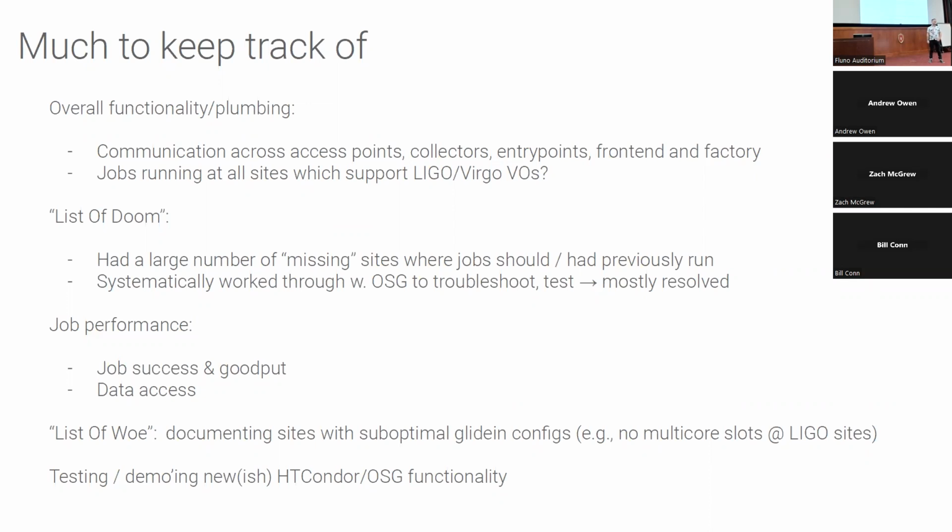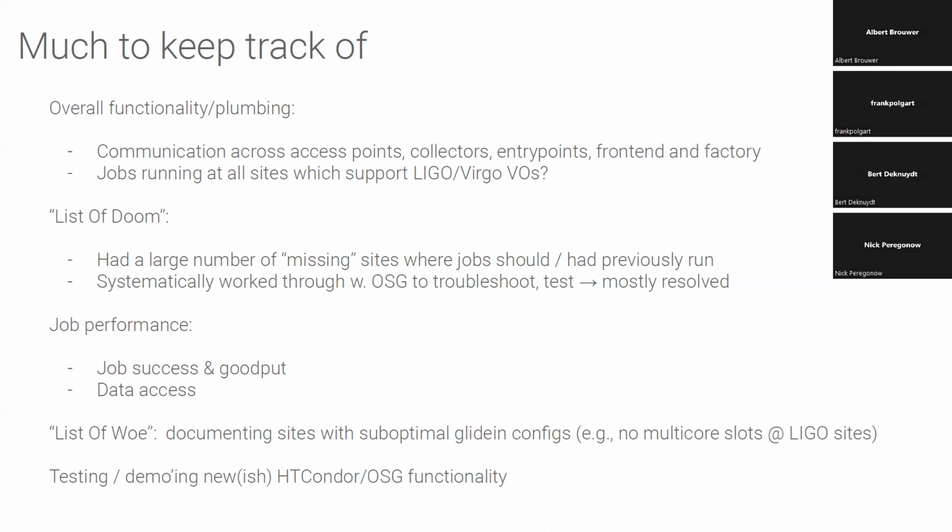Other things that we want to keep track of are more application-specific aspects of what's going on. Basically, are our jobs succeeding reasonably well across all sites in the pool? Are they able to access data at the expected places as advertised, which is often not the case? More recently, I've started constructing a shiny new list, my list of woe.